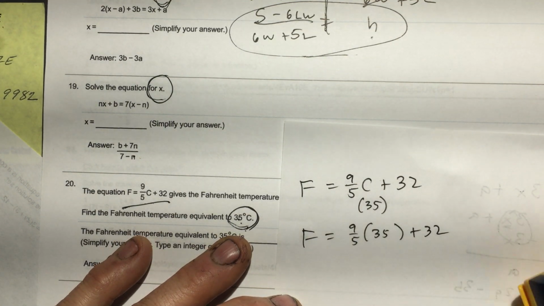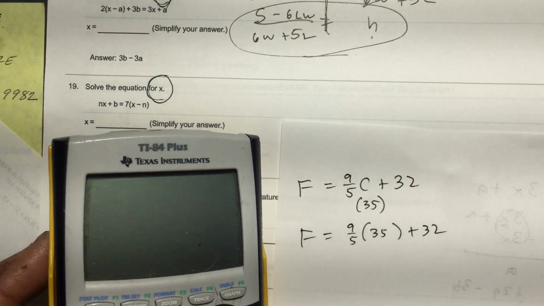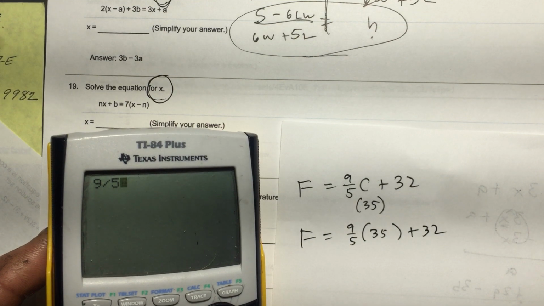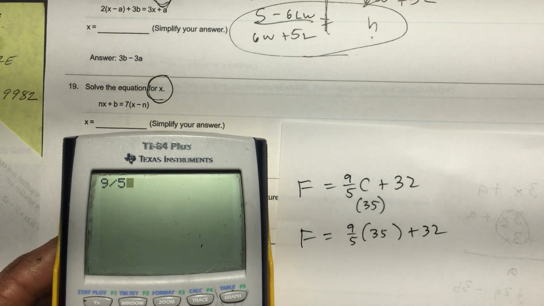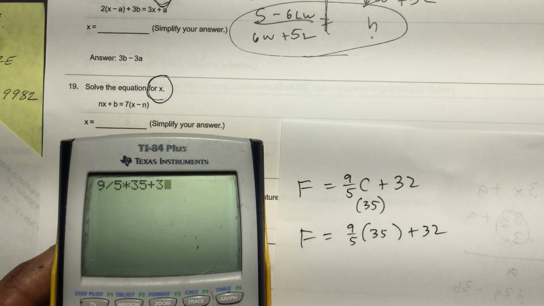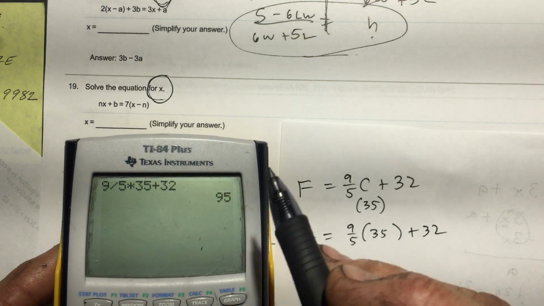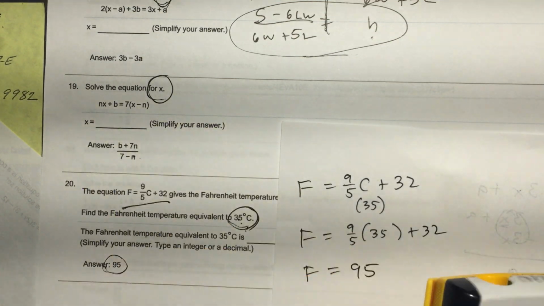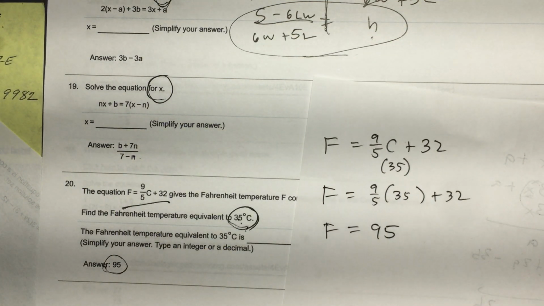You can just punch this in the calculator. So 9 divided by 5, times 35, and then plus 32. And look at that, I got 95. The Fahrenheit temperature is 95.